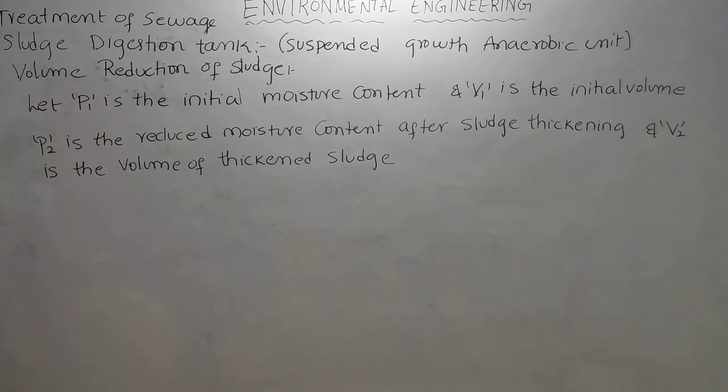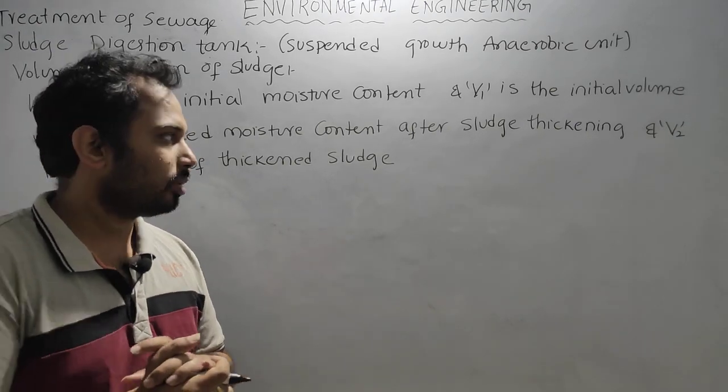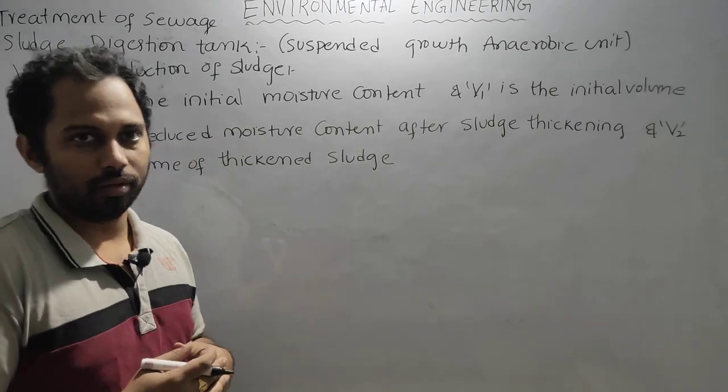Okay, so the concentration of the solids inside the sludge: when we are sending some concentration of solids into the sludge thickener, the thickener will not reduce the concentration of the solids, but it will reduce the moisture content.